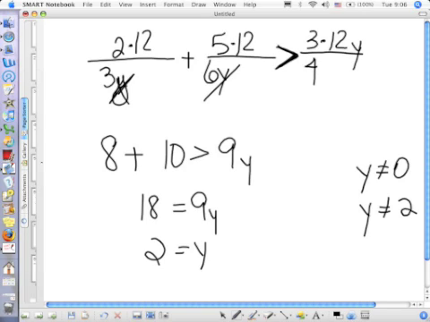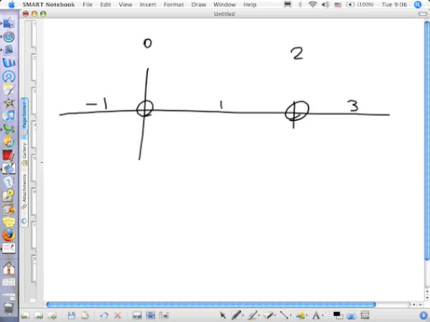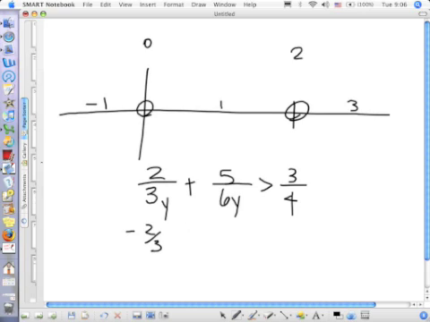2/3, 5/6, 3/4. Okay. If y is equal to -1, that means this is -2/3 minus 5/6 is greater than 3/4. True or false? False. That's a negative number, and negatives are never bigger than positives. All right?